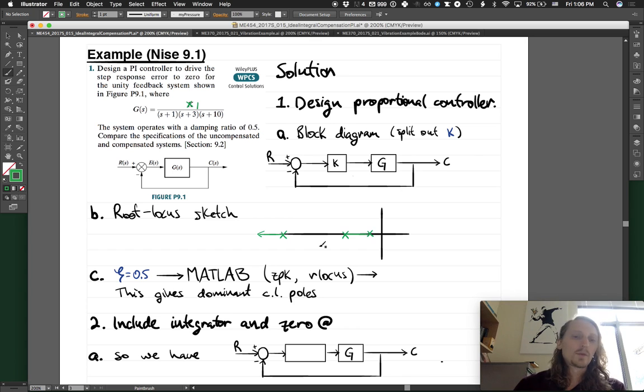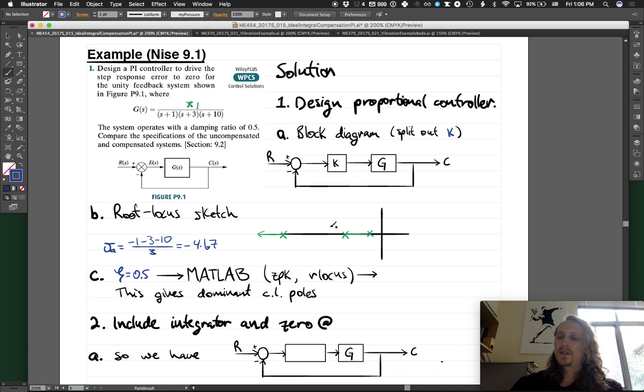We can go through the rules to find the asymptotes, so we can find the sort of origin or vertex of all those asymptotes, which we sometimes call sigma A. It's just the average of these 3 pole locations. So we have -1, -3, -10 divided by 3, which gives -4.67.